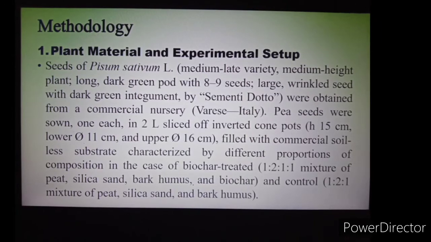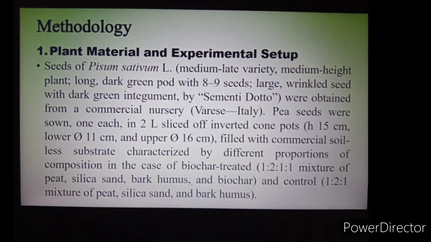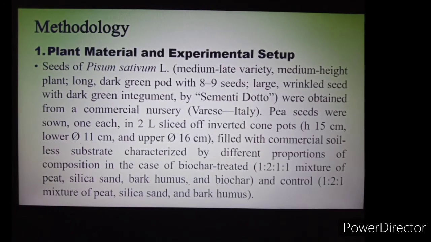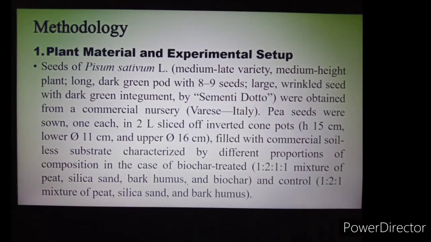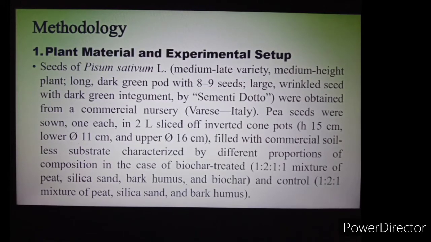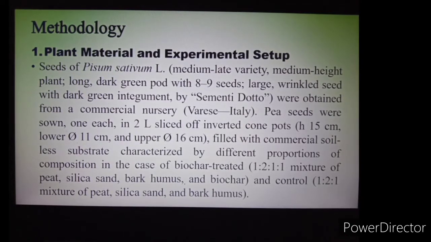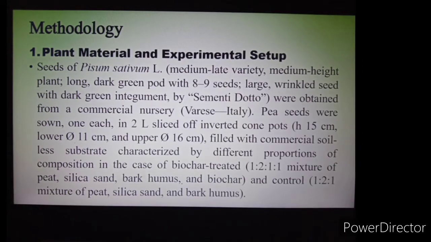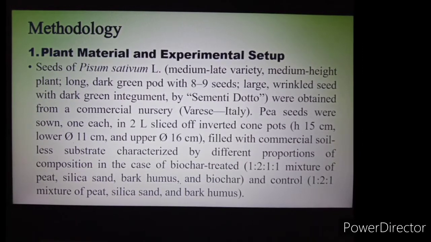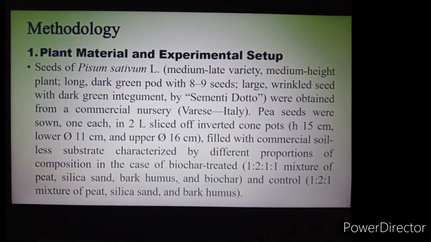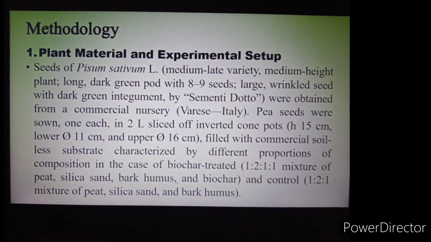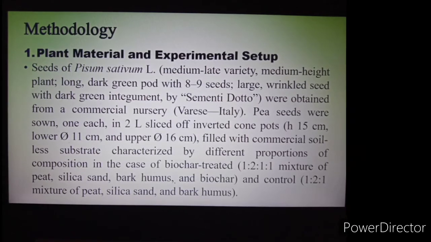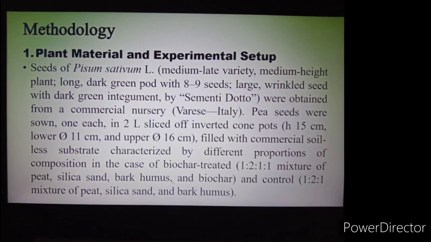It is filled with commercial soil-less substrate characterized by different proportions of composition: in the case of biochar treated, a 1 to 2 by 1 by 1 mixture of peat, silica sand, bark humus, and biochar, and control, which has a 1 by 2 by 1 mixture of peat, silica sand, and bark humus.